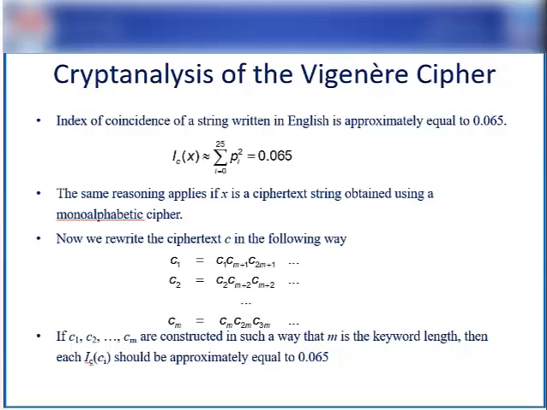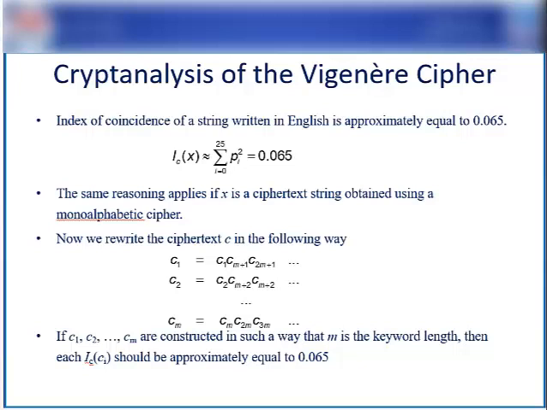It's not just a way of determining the key length. If the index of coincidence is close to this number for a ciphertext encrypted in English, then the language features were preserved. That means that this message was encrypted using one of the monoalphabetic ciphers.